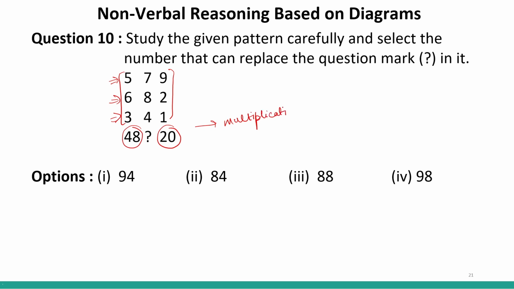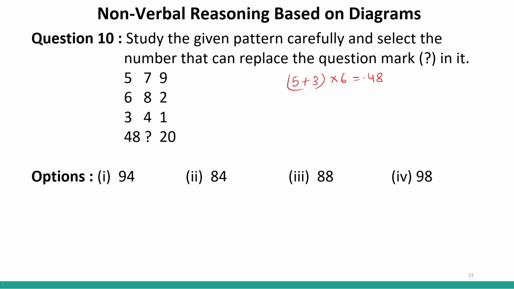We assume that the operation that is being used is multiplication. Okay, so let me try. Now, if I look over here, I can see that 5 plus 3 into 6 gives me 48.